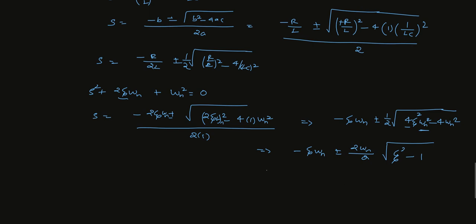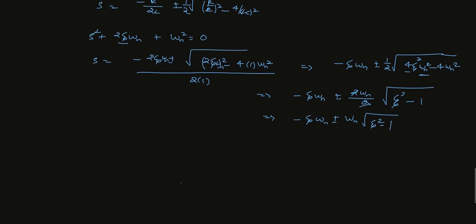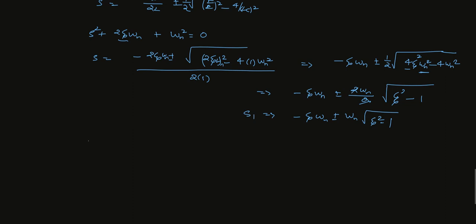So these two will cancel, and we get minus zeta omega n plus or minus omega n into root over zeta square minus 1. These are the two roots of the equation.